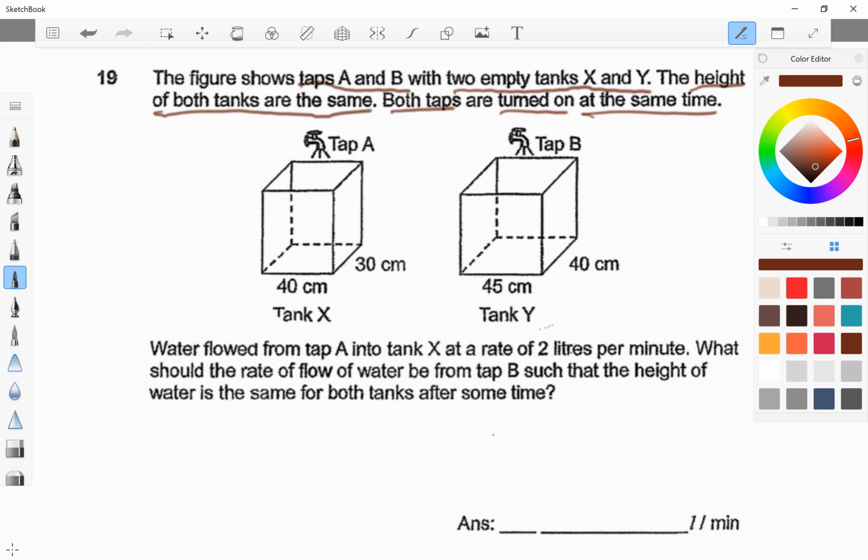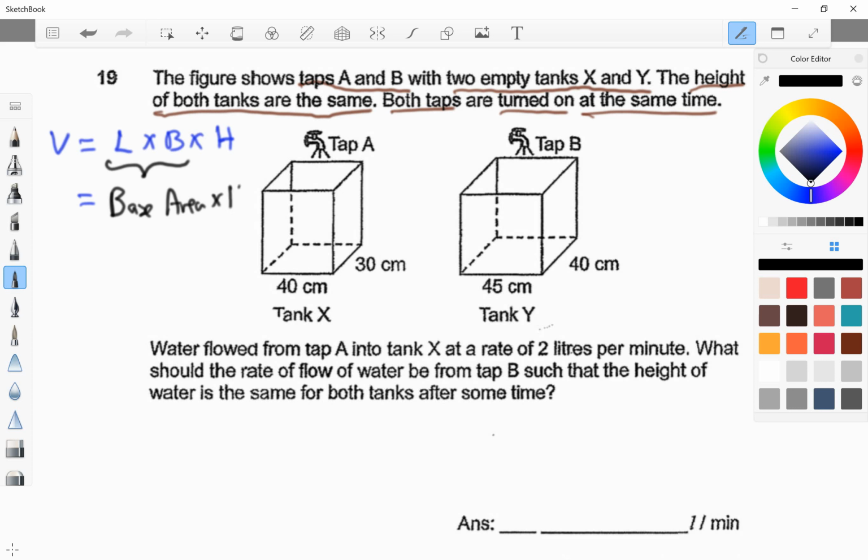So what kind of formula do we need to know to solve a question like this? Volume is actually length times breadth times height, and my length times breadth will get us to the base area.